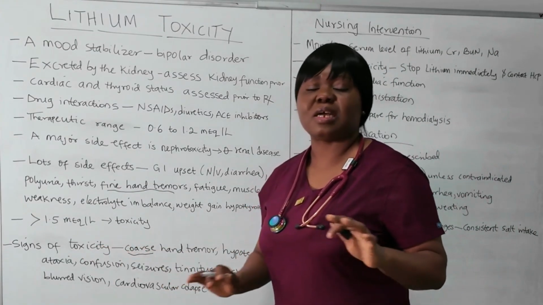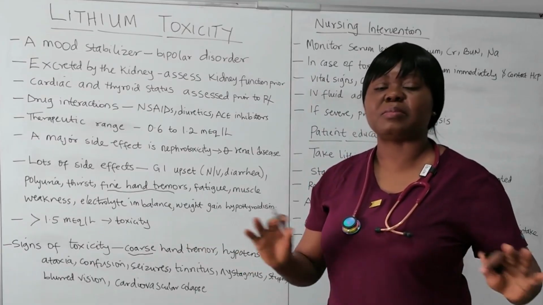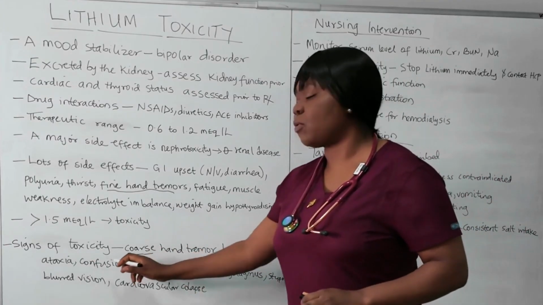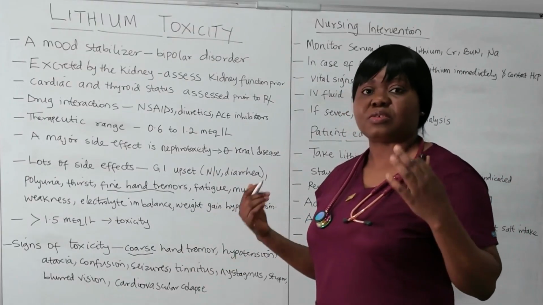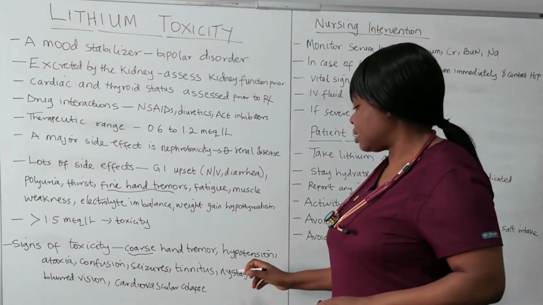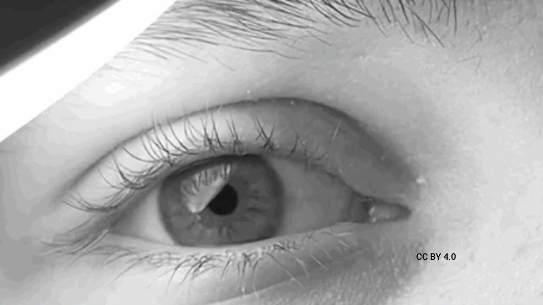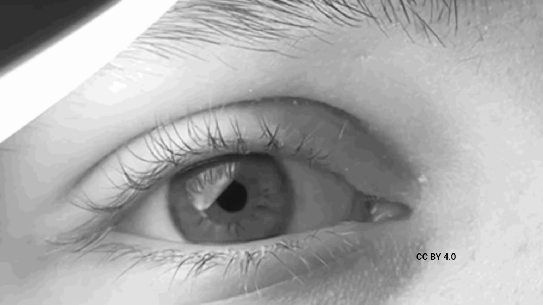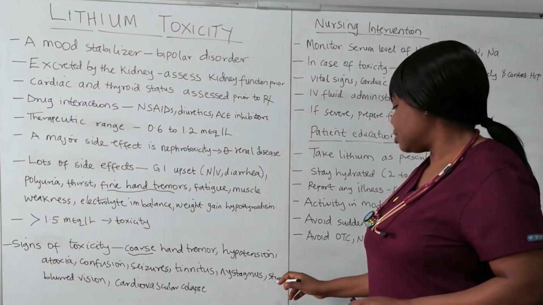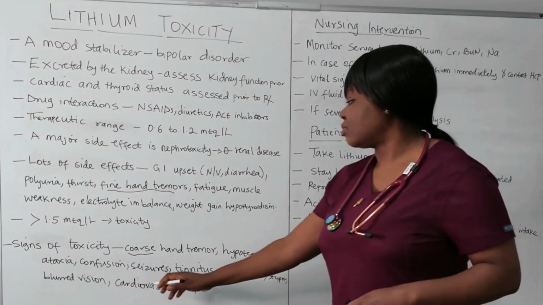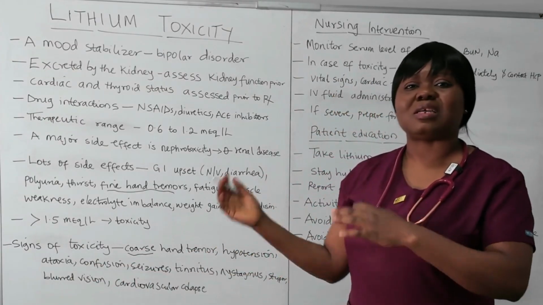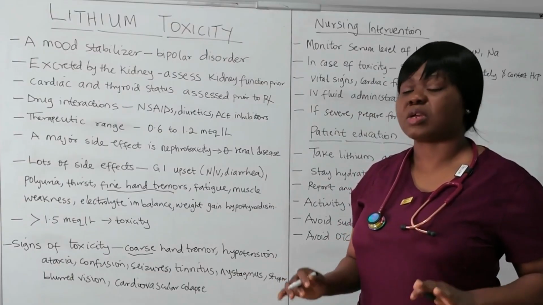Then ataxia, that's imbalance in movement, inability to coordinate movement. We have confusion, then seizures, then tinnitus, that's ringing in the ears. Then nystagmus, that's uncontrollable eye movement where the eye continues to move without control. Then stupor, and the patient is also at risk of blurred vision. Then cardiovascular collapse and then death, which we don't want the patient to get to.